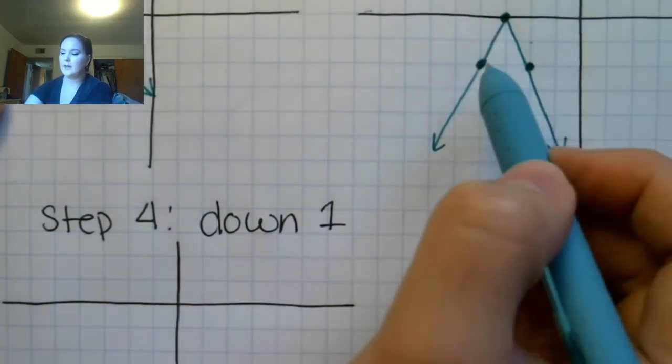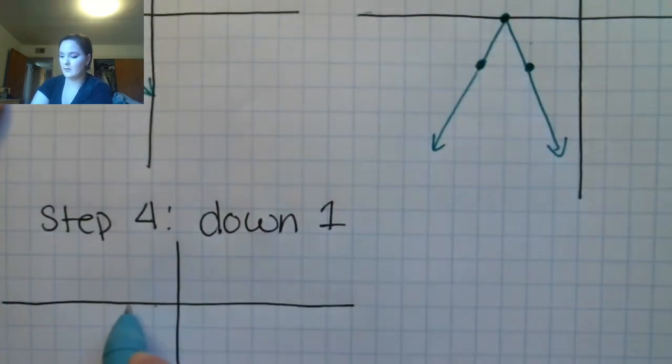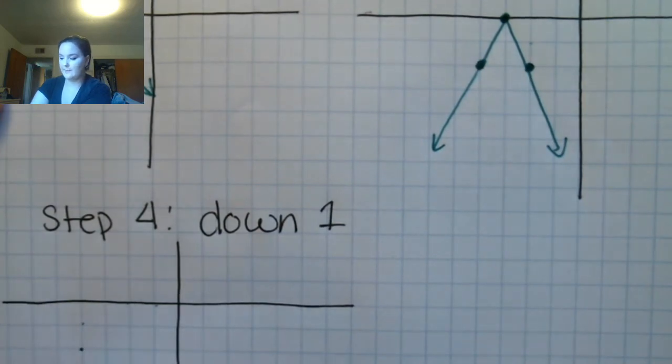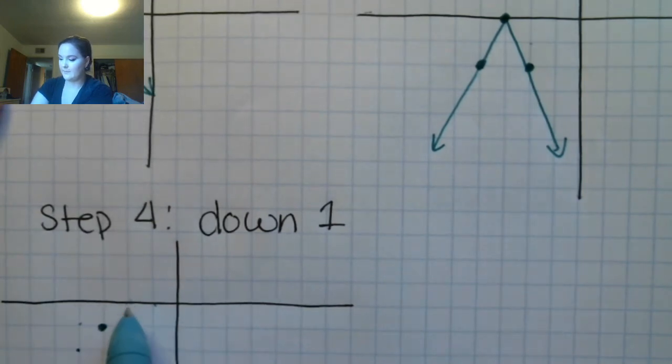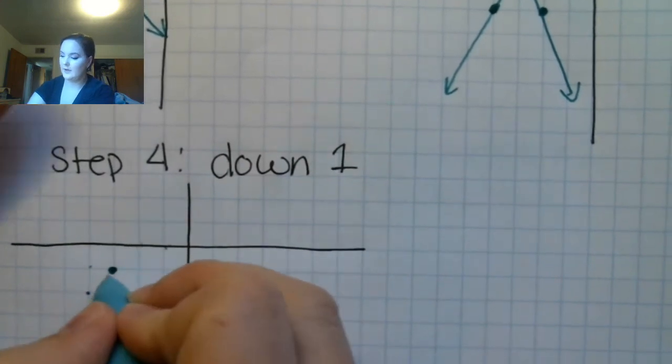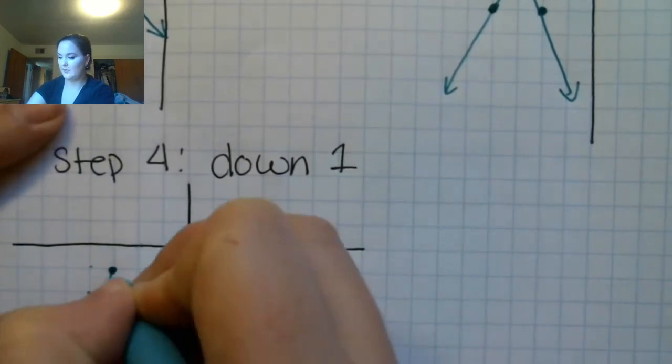I'm going to take my key point that was here and I'm going to move it down 1. I'll take my key point that was here, move it down 1. Take my key point that was here, move it down 1. And then draw in the shape of my graph.